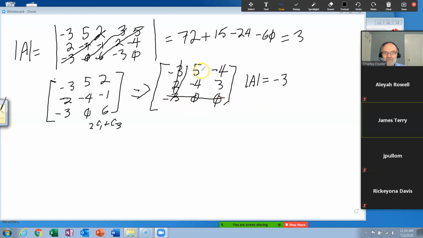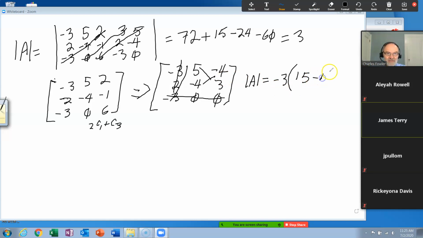Now take the determinant of what's left. Well, the determinant of a 2 by 2 is a piece of cake. Okay, negative 3 times 15, and you normally would do a minus, but now it's minus a plus, so that would be a minus.